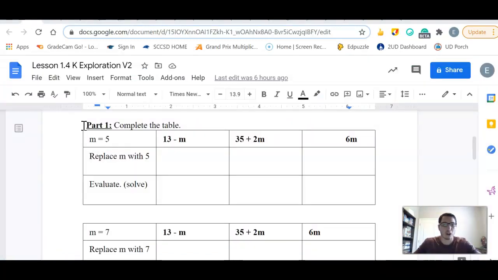Moving on to part number 1, we're going to do some practice with substituting numbers in for variables here. They also use the word replace. So replace, substitute are going to be the same thing. So in this table it says m equals 5. We have 13 minus m, 35 plus 2m, and 6m. So replace the m with the 5.